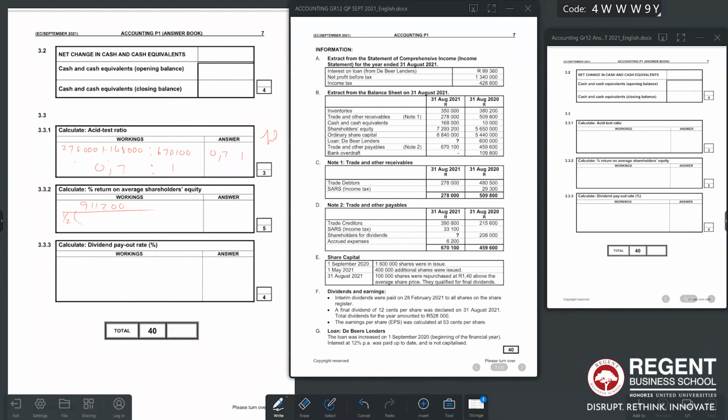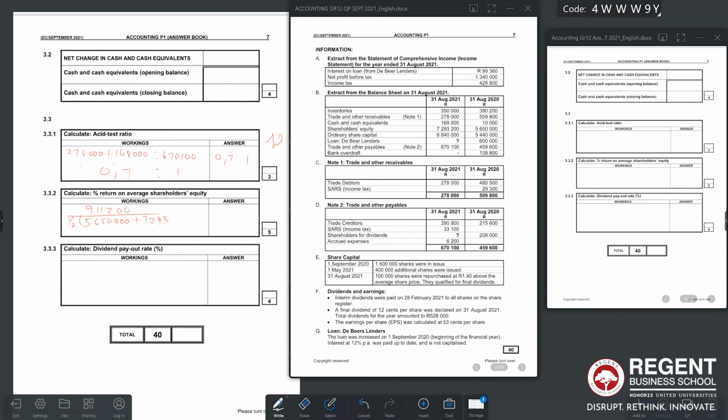Those were 5,650,000 plus 7,293,200, times 100 over 1. The figures are on the board.